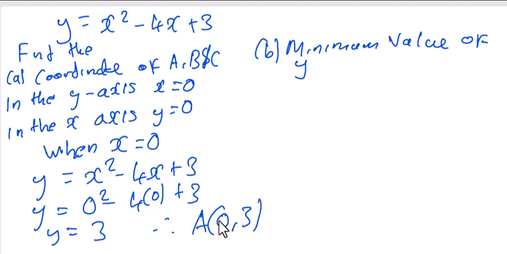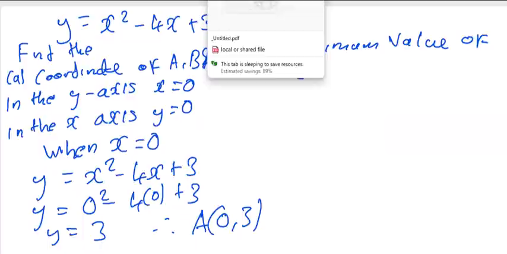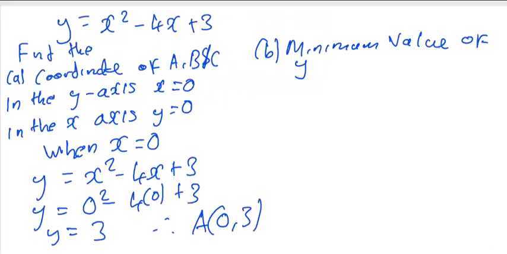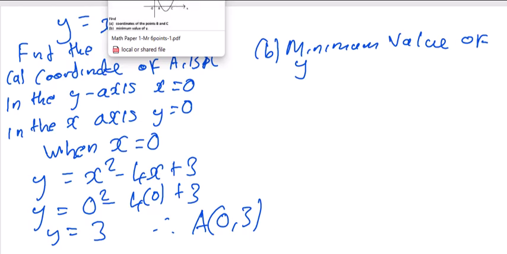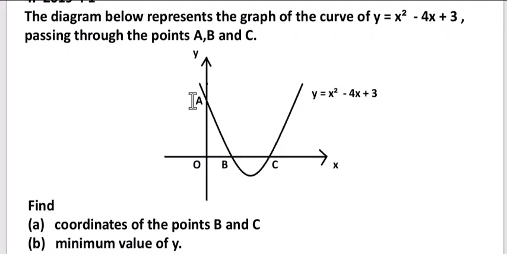So looking at our question, our A coordinates is just 0 comma 3.